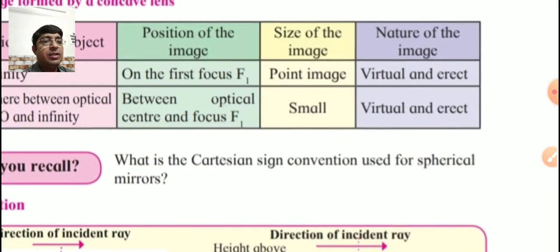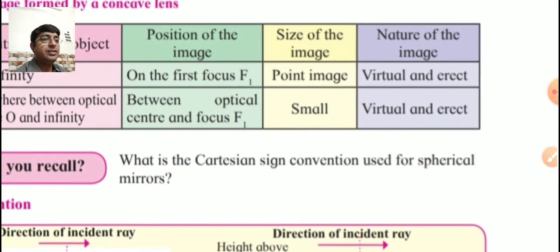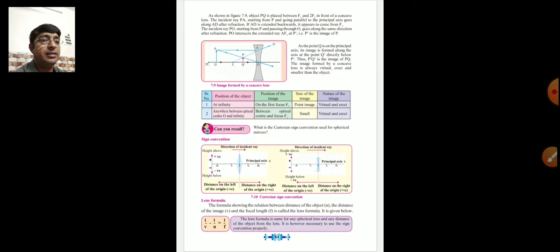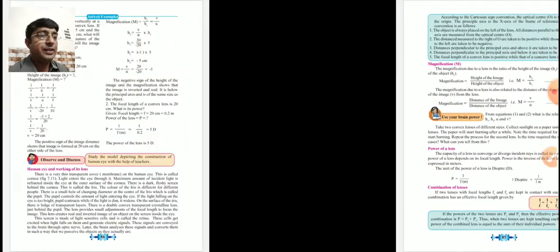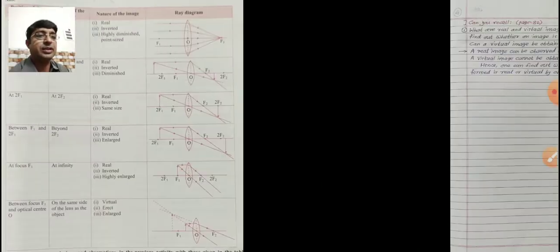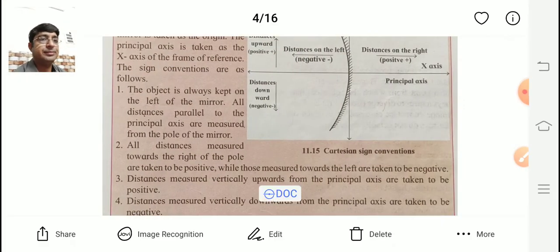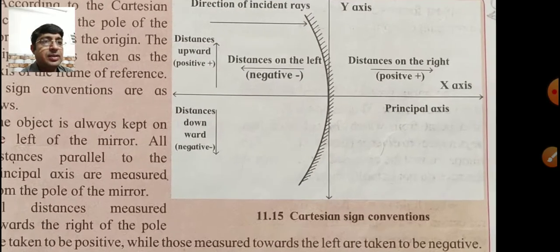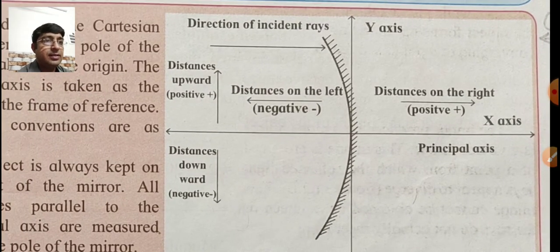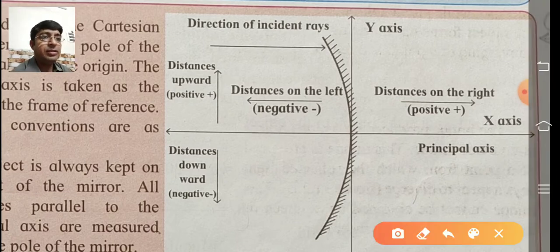Can you recall what is the Cartesian sign convention used for spherical mirror? Now this point we already learned in standard 9. So we learned on one separate paper. Now check that. See here. Sign convention. It is a concave mirror. What is on the left hand side?